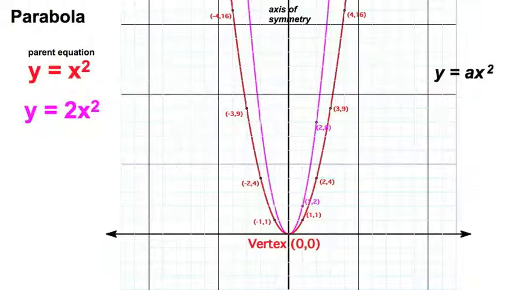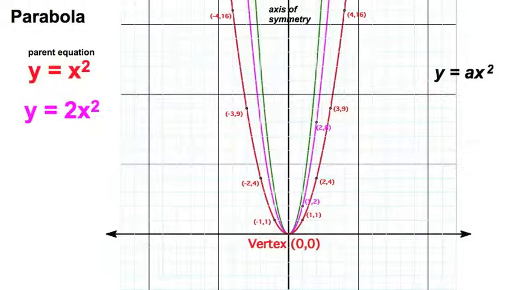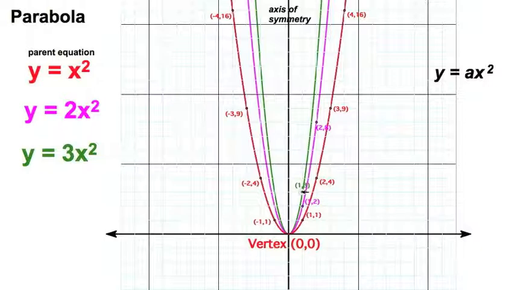Well, see, it got a little bit steeper than the red. Well, can we make it any steeper? Well, I suppose we could take the graph and do this, a little bit more even. And now that would be y equals 3x squared. Now this graph passes through the point (1, 3).